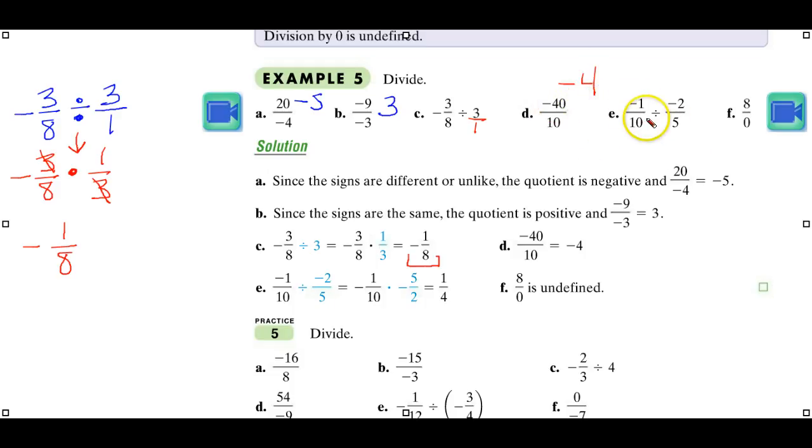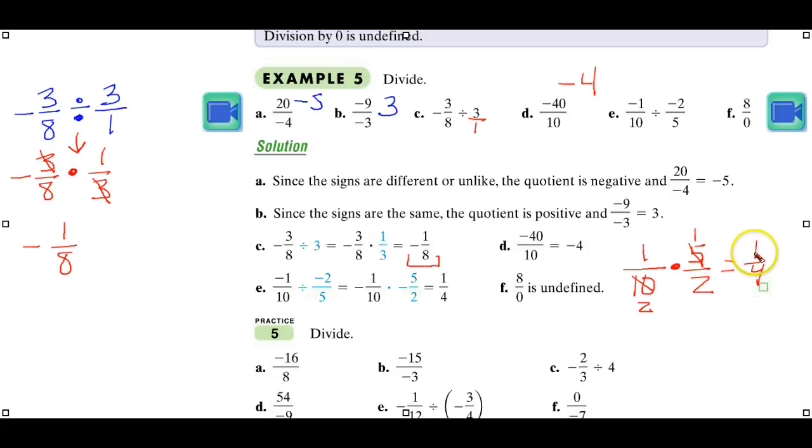And here we have another division of fractions, but this one's negative, so our answer will be positive. So we go 1/10, change our division to multiplication, and take the reciprocal of this, which will be 5 over 2. Here the 5's will cross cancel, and we get 1/4.